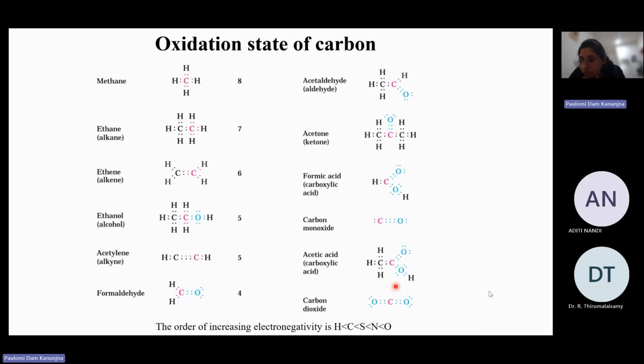Three, two, two. Okay. Formic acid, carbon monoxide is 2, and 2 remaining, acetic acid and carbon dioxide.